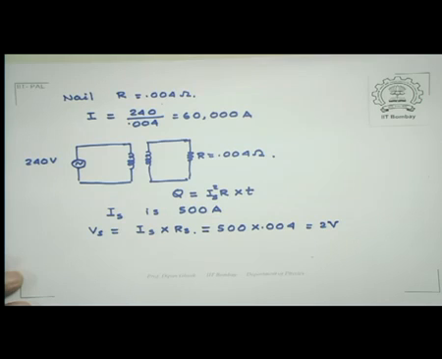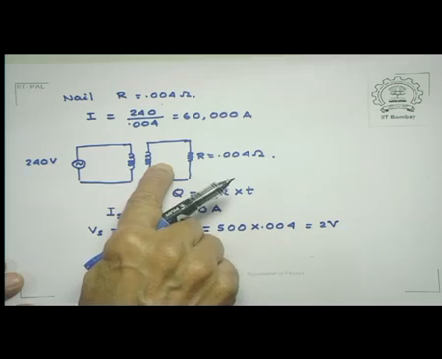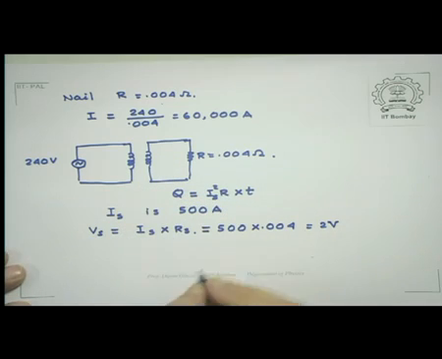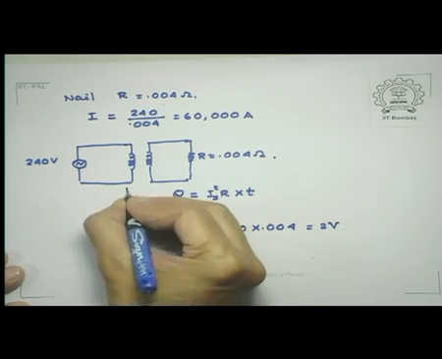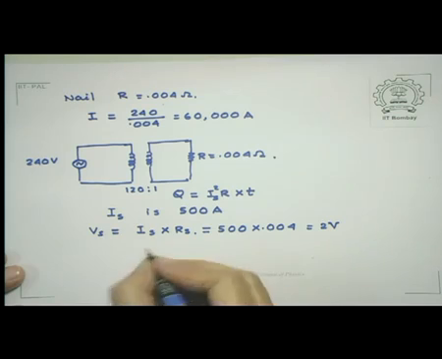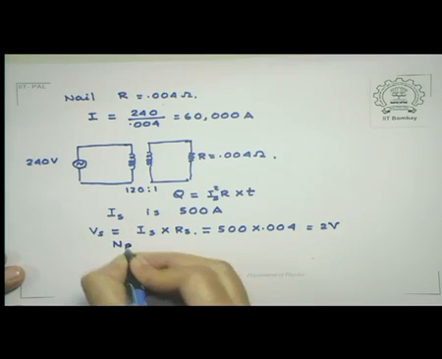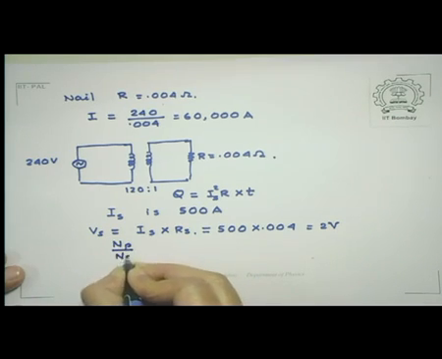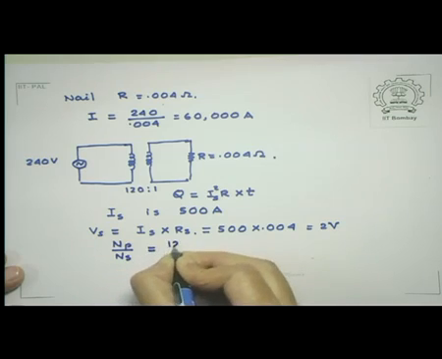So I need a huge step down, and in fact you can see it, since this is 240, you want this circuit to provide you 2 volts. So therefore this is a step down with a ratio of 120:1. So that 240 is reduced to that. Now Np by Ns, which is Vp by Vs, is 120:1.